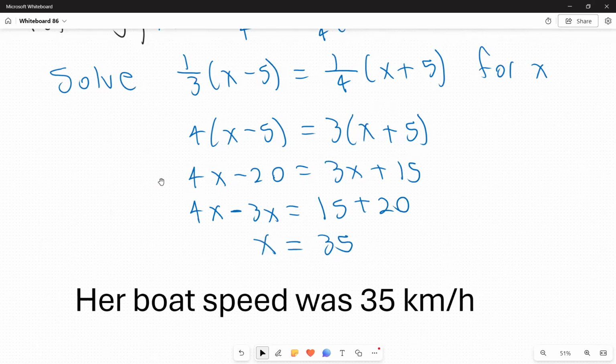And I will do one more application to investment. So I'm copying the problem on page 103.